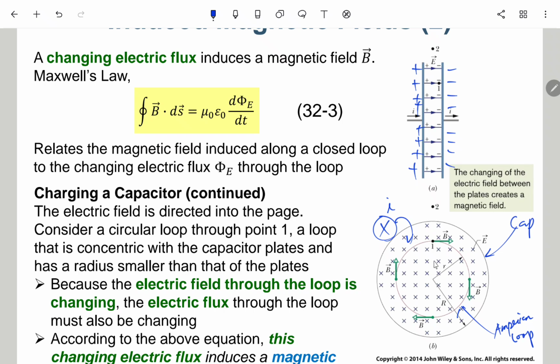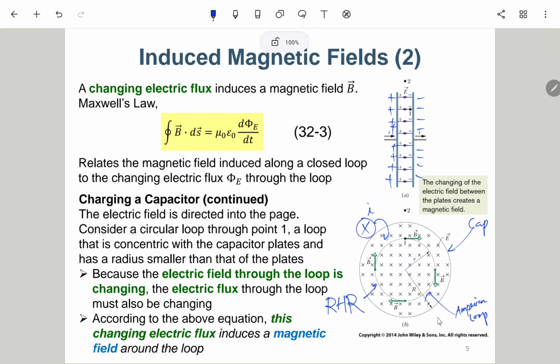You use the thumb pointing into the page, and then your forefinger will curl clockwise. So the induced B field is clockwise. Let's say for point 1, it is pointing to the right, this one pointing downward, and so on. Because the E field through the loop is changing, the electric flux through the loop must also be changing.